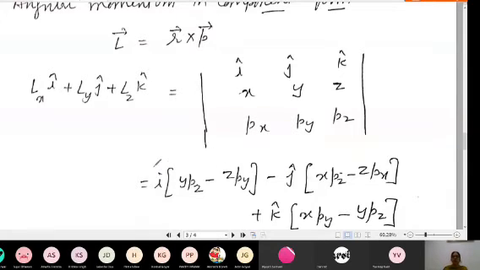For j cap you can write it also by ignoring the column and row of j cap, with a minus sign. I get xpz minus zpx. Similarly for k cap you ignore the column and row of k cap. I get xpy minus ypx.